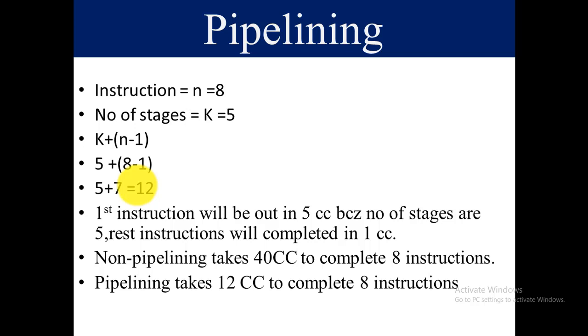Let's summarize. We use the pipelining technique to make the CPU faster, to make the processing speed faster, and it saves time. In pipelining architecture, we use the stages mechanism, in which we have different stages and an instruction has to pass through the different stages.